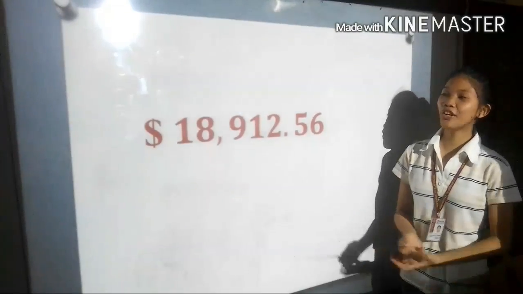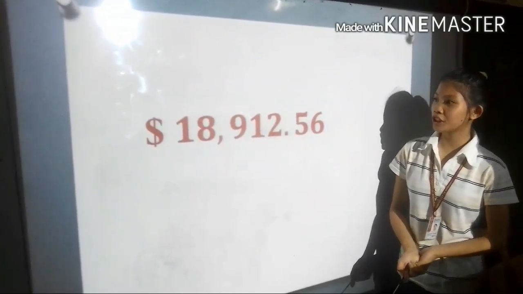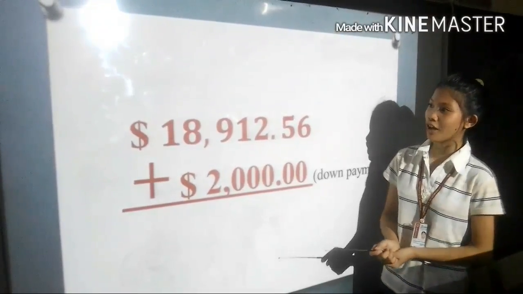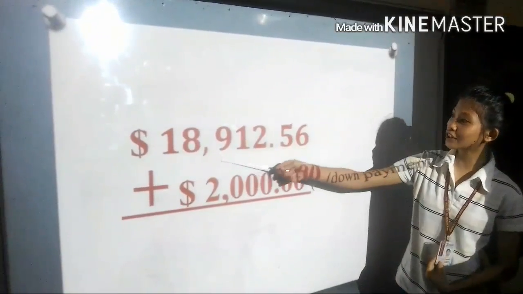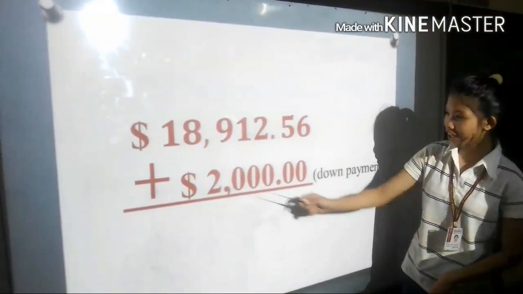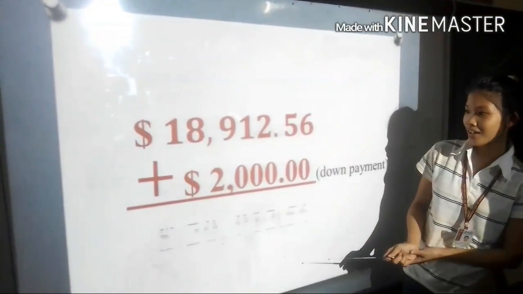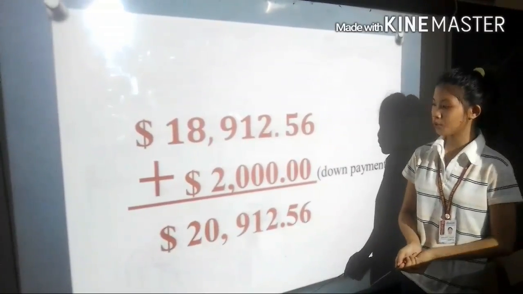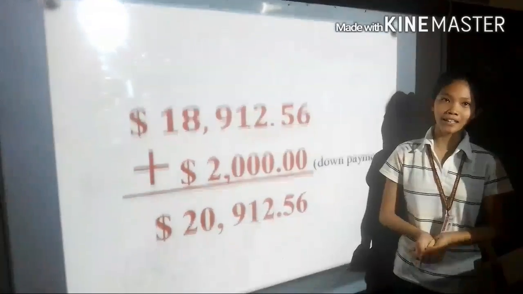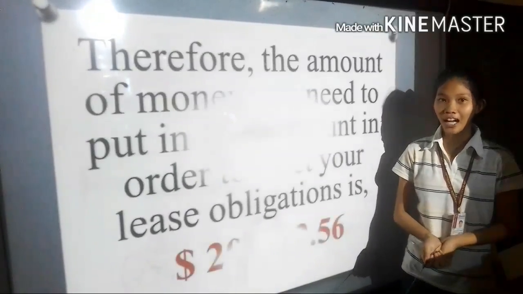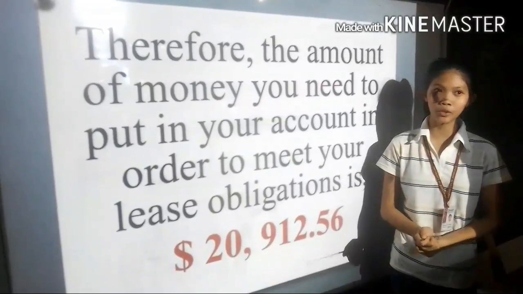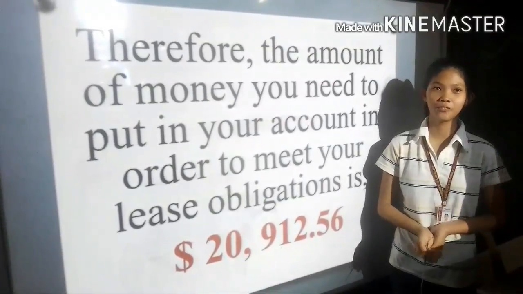Since you already had your down payment, which is $2,000, we're going to add it to our last result. 18,912.56 plus $2,000 is equal to $20,912.56. Therefore, the amount of money you need to put in your account to meet your lease obligations is $20,912.56.